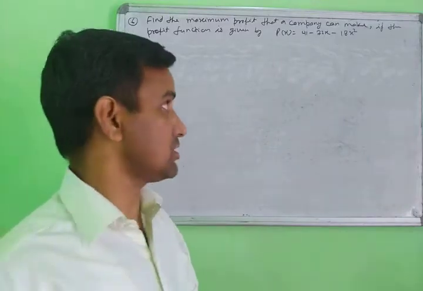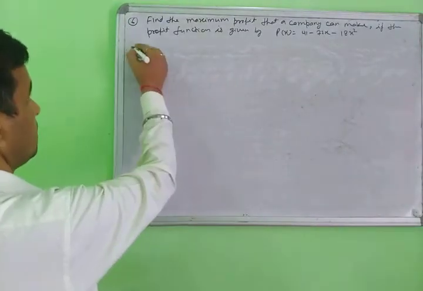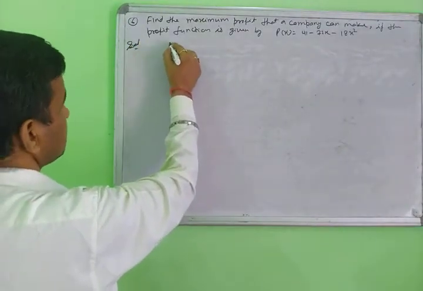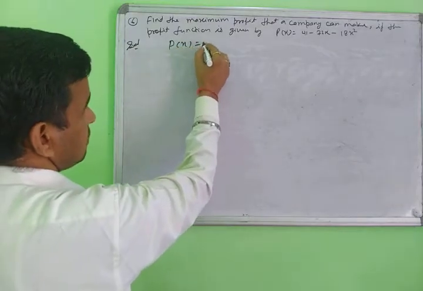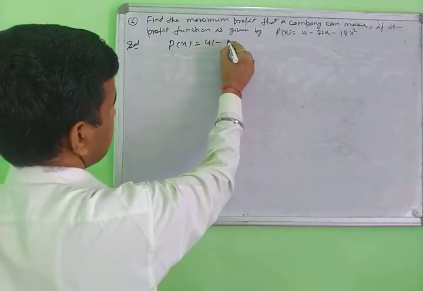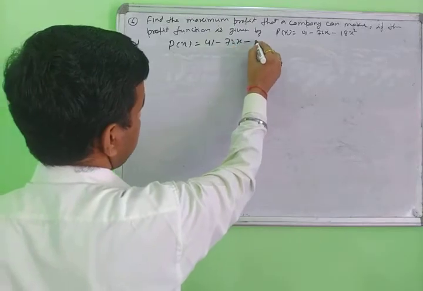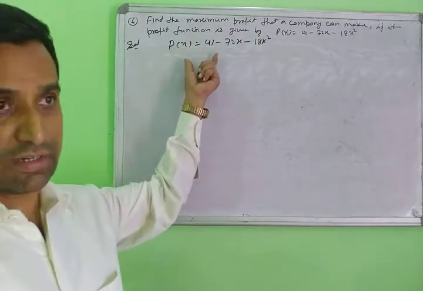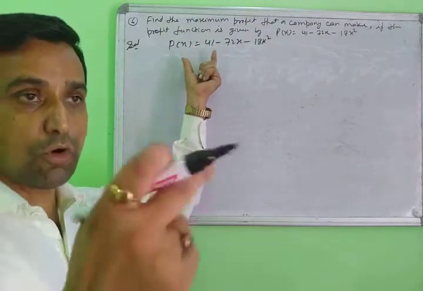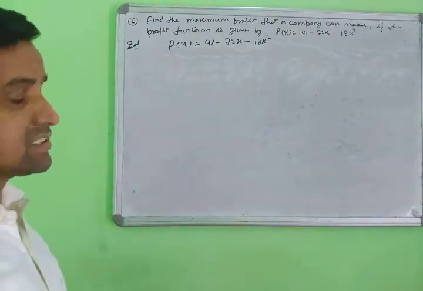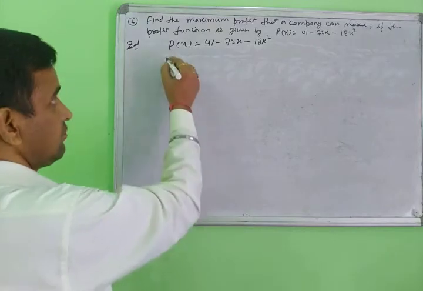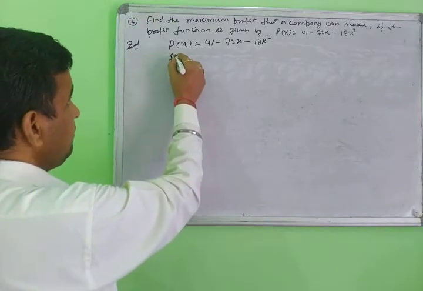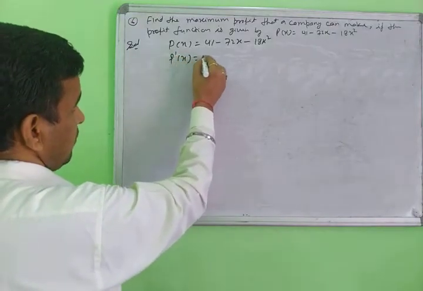Now start the solution here. First taking your function, p(x) equal 41 minus 72x minus 18x square. This is your profit function. Now we'll check whether this profit function gives the maximum profit. Same method, you will differentiate first time, p'(x). What will it be here?